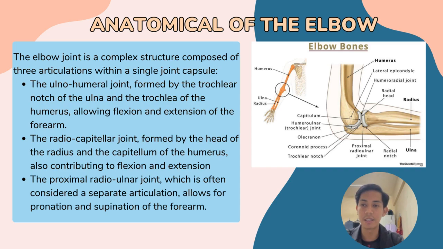Next, the radiocapitular joint is formed by the head of the radius and the capitulum of the humerus, which contributes to flexion and extension. Next, the proximal radio-ulnar joint is often considered a separate articulation that allows for pronation and supination of the forearm.